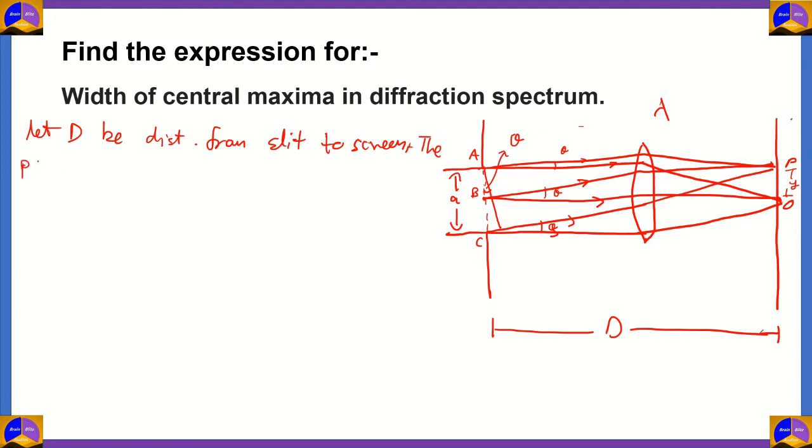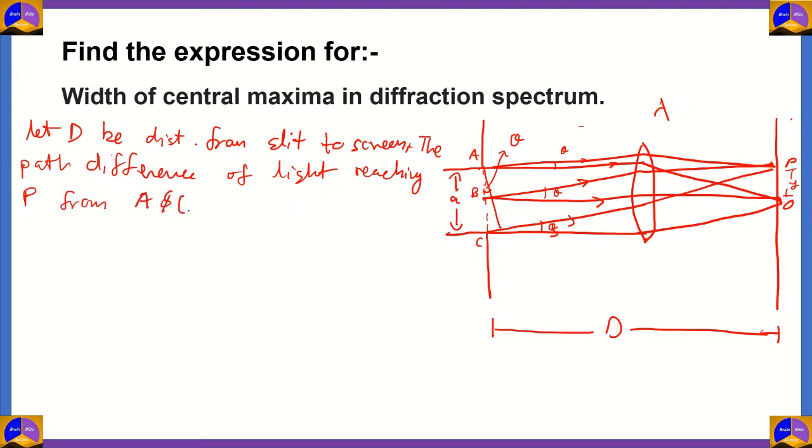The path difference is what we find first. The path difference of light reaching P from two sources A and C is CP, that is this ray, minus AP, that is that ray.